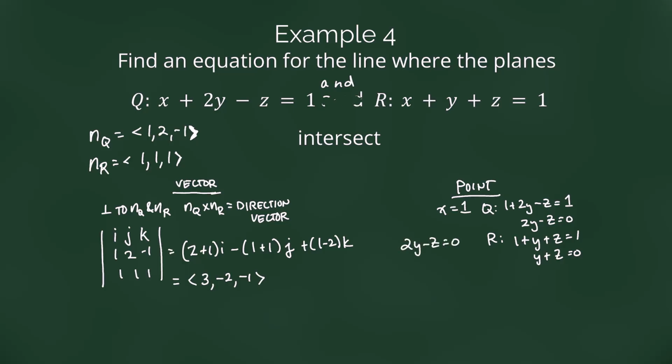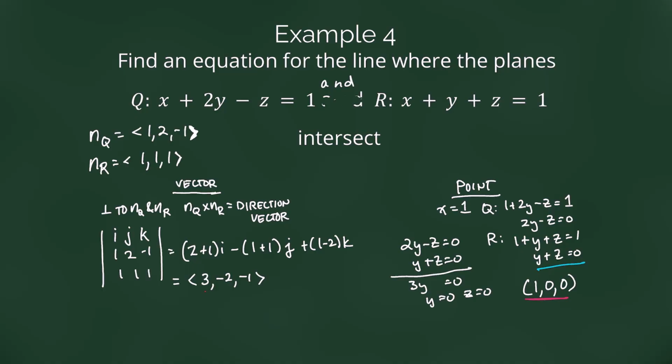I have 2y minus z equals 0 and y plus z equals 0. I can use elimination to get that 3y equals 0, so that y is 0. And then putting that together with this guy right here, I now know that z is equal to 0. So what I have just discovered is that the point x equals 1, y equals 0, z equals 0 is on both planes. So now I have the two pieces of information I need.